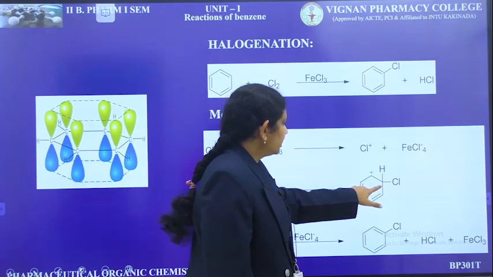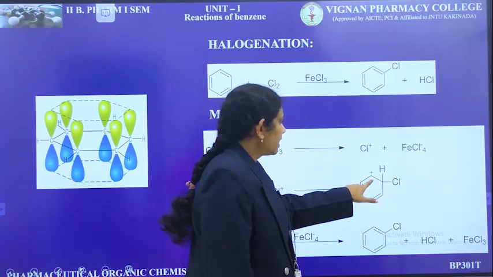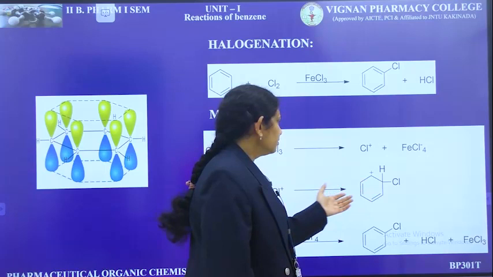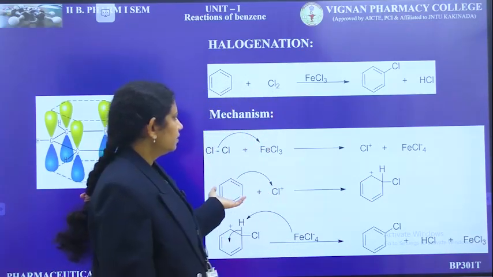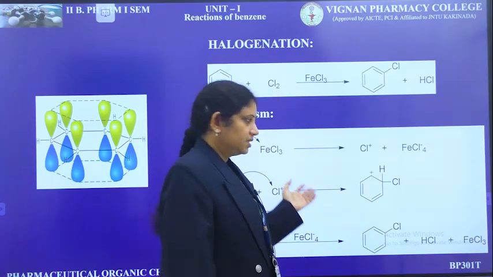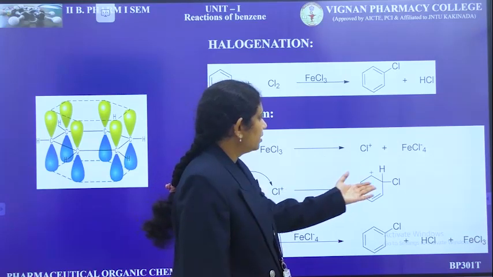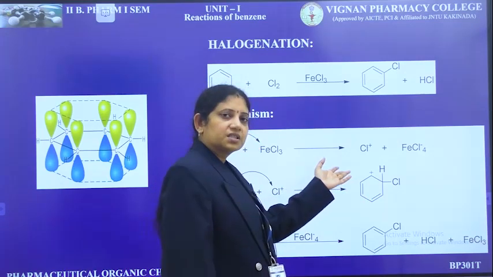So at that time the benzene ring is going to develop an electron deficiency at this first carbon atom. This electrophilic aromatic substitution takes place at any position of this ring system; it is not limited to the second carbon. It may take place at the first, third, fourth, fifth, or sixth carbon, whatever it may be.